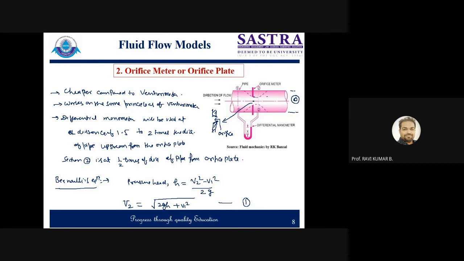Now, section 2 is exactly, you look at here. So flow phenomena is something like this, which is happening. So the smallest area in this flow is happening exactly over here. You look at this. This is basically the throat section. So throat section is exactly lying at the section 2-2.